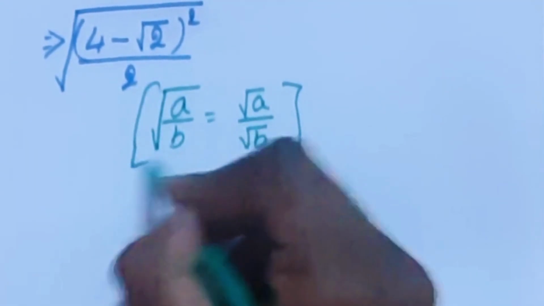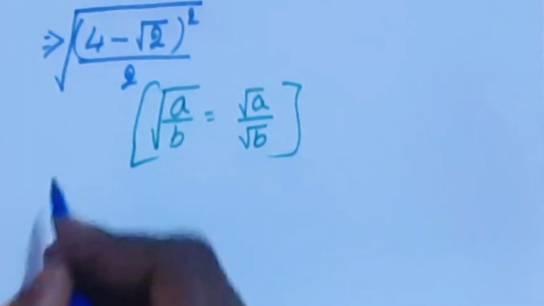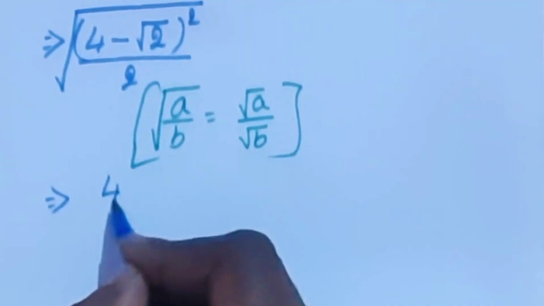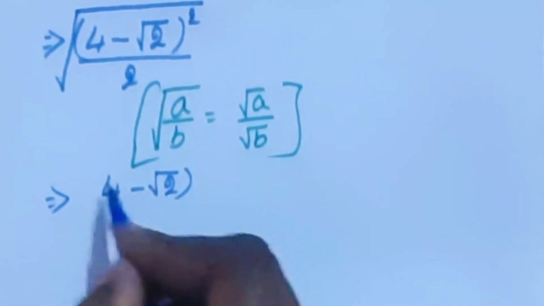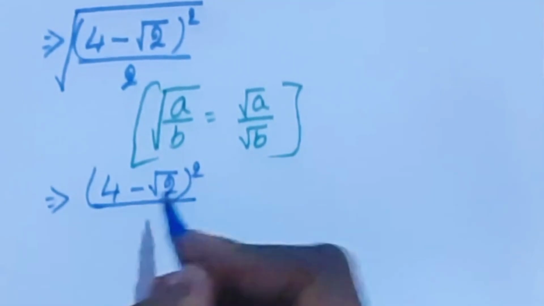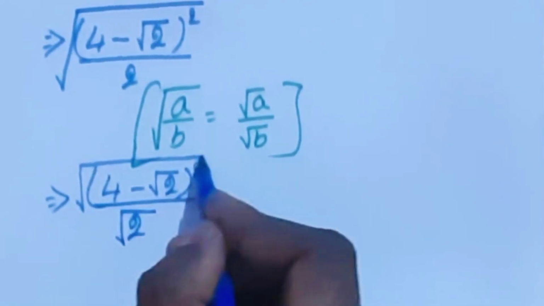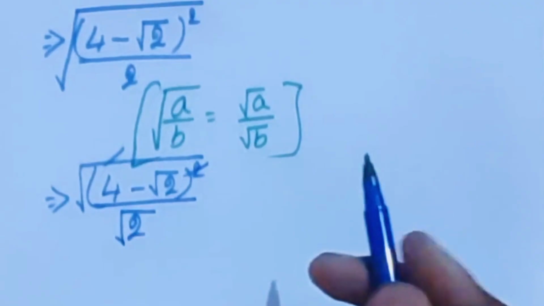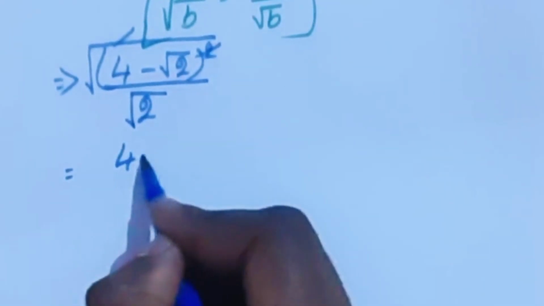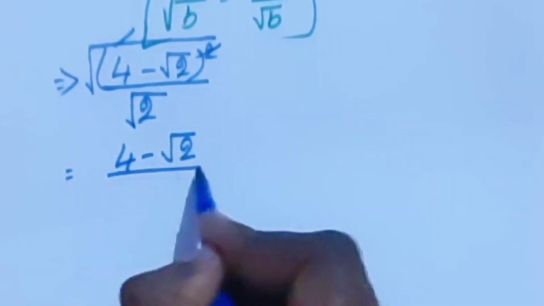This we are going to apply here. So 4 minus square root of 2 whole square by 2, square. Here also square root. Now the square and square root will cancel each other. We have here 4 minus square root of 2 by square root of 2.